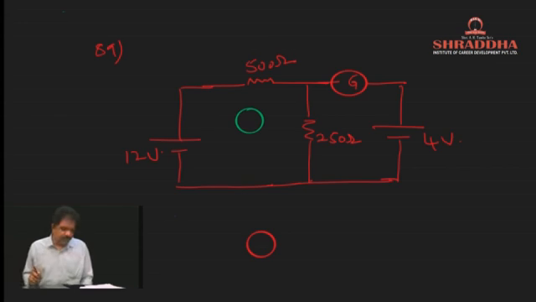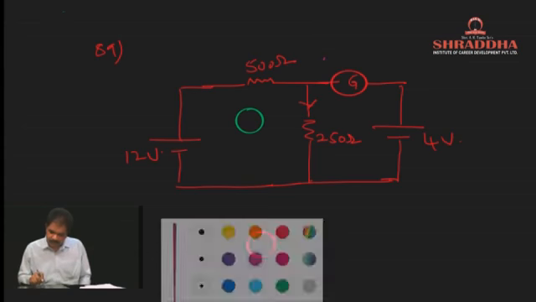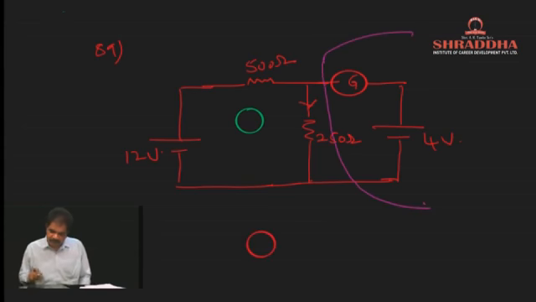If the galvanometer reading is 0 in the given circuit, the current passing through the 250 ohm resistance is how much? That is the question they are asking. So here the current is 0, which means no need to consider this part of the circuit.